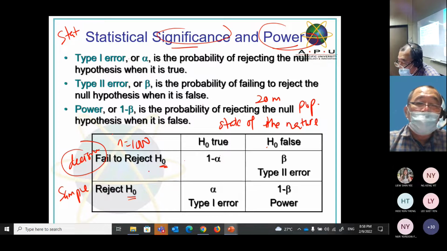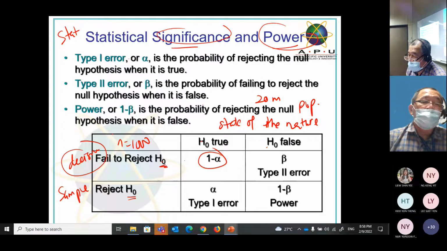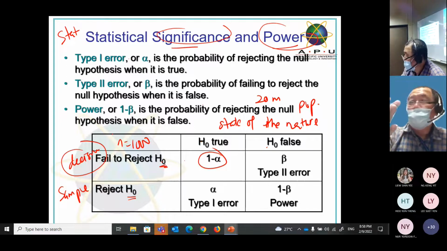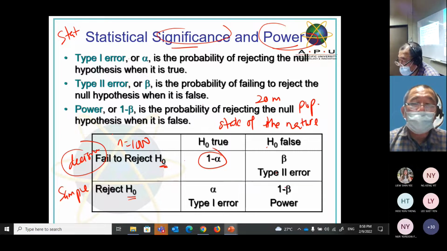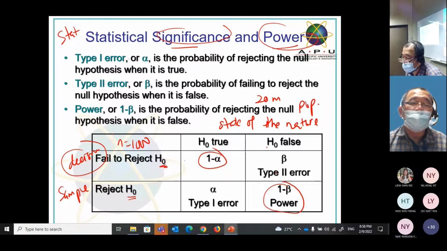Now we see the best situation. The best is that we cannot reject the null hypothesis, and the null is true. Therefore, no problem. Another one also good is 1 minus alpha, 1 minus beta.